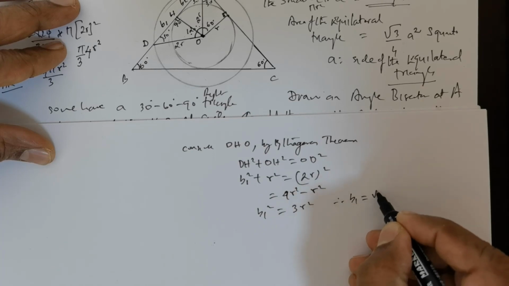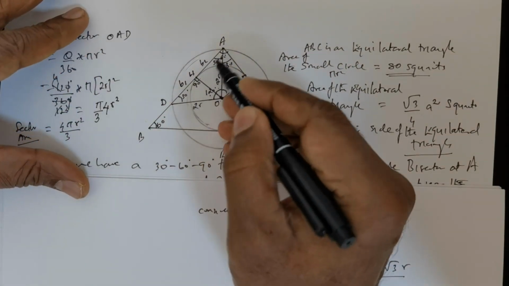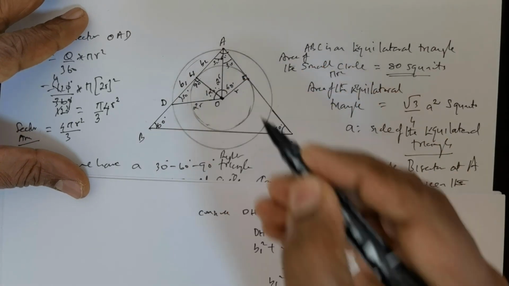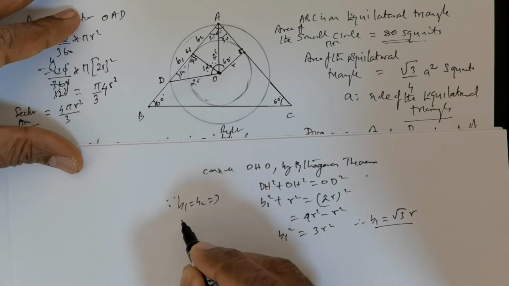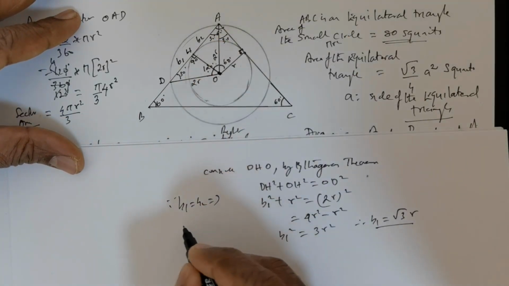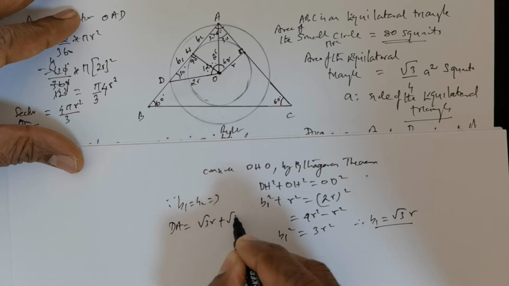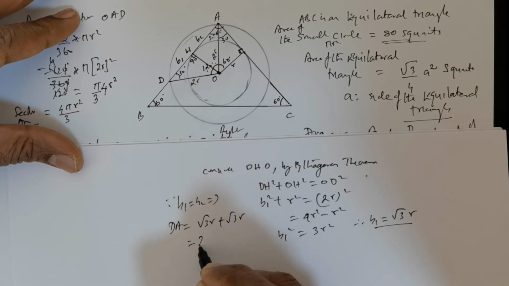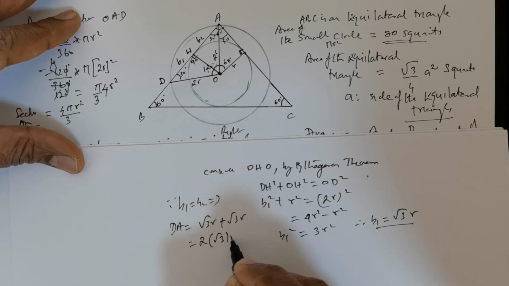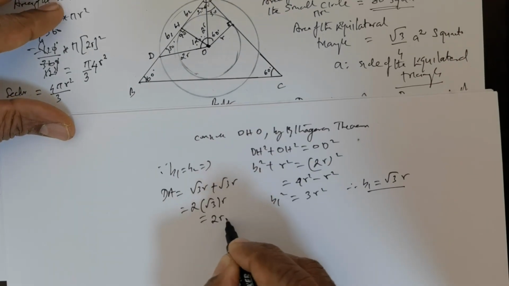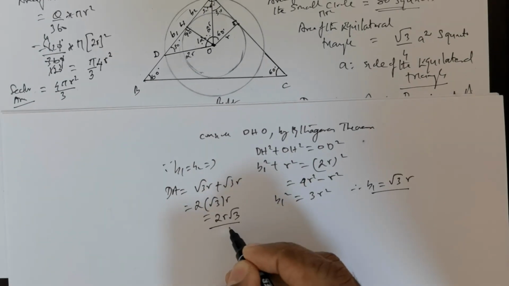Therefore b1 is equal to root 3 times r. We will get the same value over here also. Since b1 is equal to b2, this entire length DA is equal to root 3 r plus root 3 r, which is 2 root 3 r, which is 2r times root 3. Okay, so you have that DA.